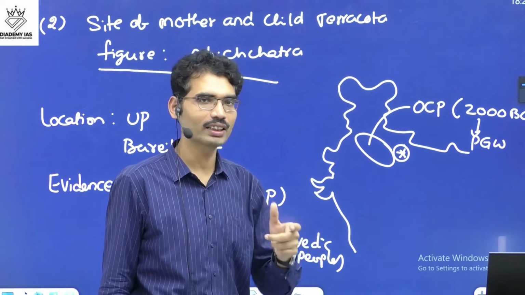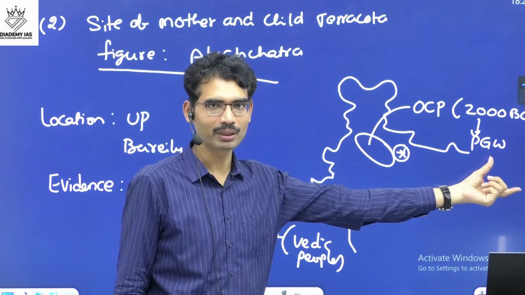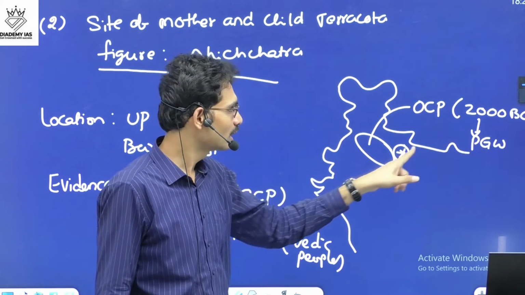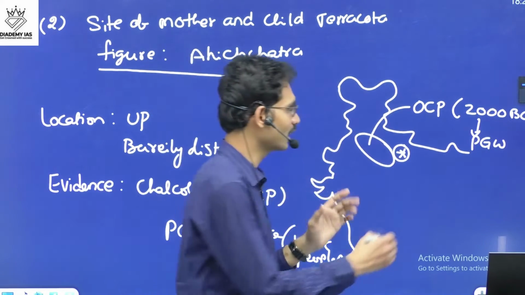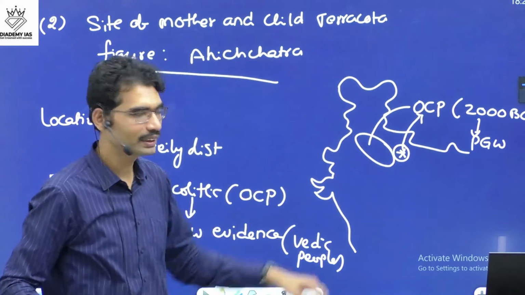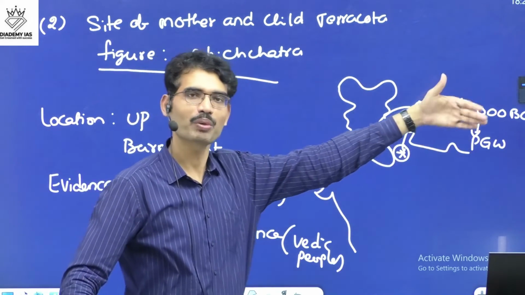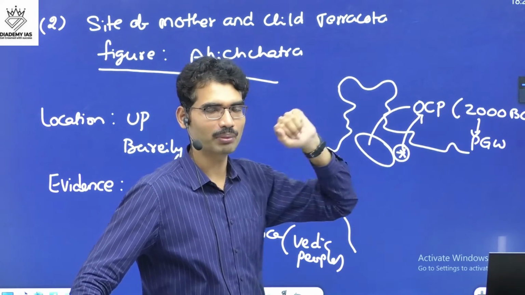But archaeologically, those Vedic people are associated with the PGW settlement. Before PGW, this same area was giving evidence of OCP also, ochre colored pottery. That means before Vedic people came and settled here, some people were already there earlier. Those people we are calling Chalcolithic people.